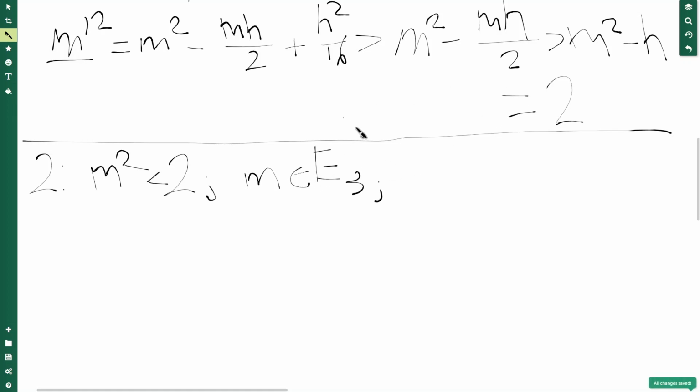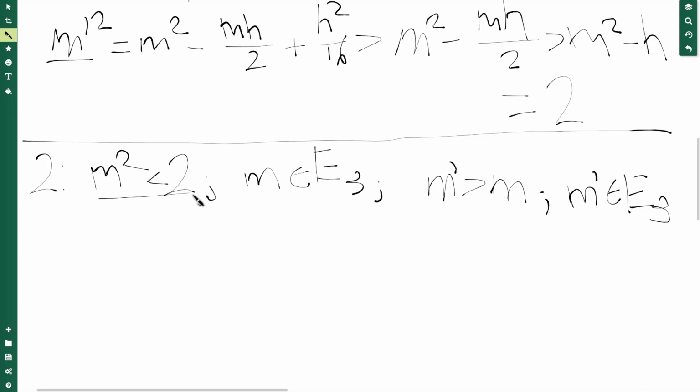Because we want to think of m as a least upper bound, right? So I had in mind that we need to find an m prime such that m prime is greater than m, but I overlooked the fact that since we can just take m prime to be in E3, then m is clearly not a least upper bound, since it's not greater than all x in E3, because there exists something that's in E3 but also greater than m.